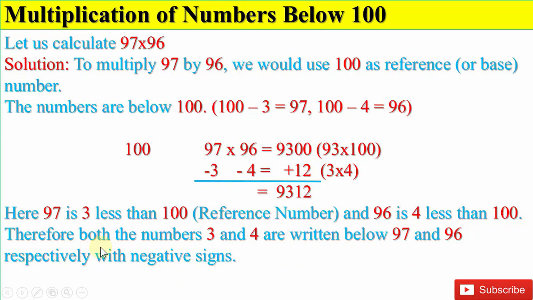Therefore, both the numbers 3 and 4 are written below 97 and 96. Since 97 and 96 are below 100, minus 3 is written below 97 and minus 4 is written below 96 with negative signs.